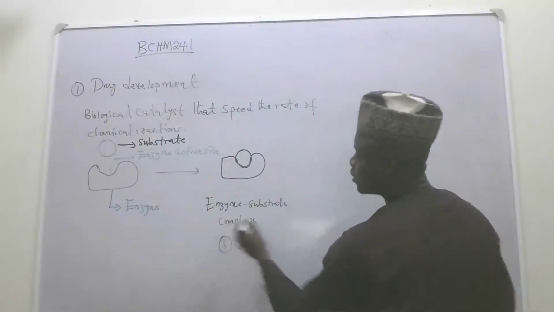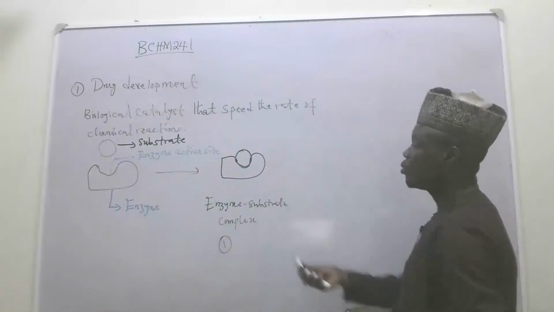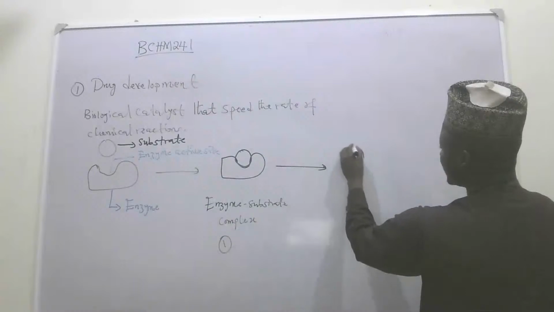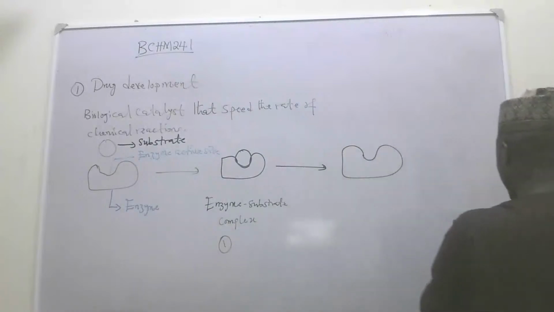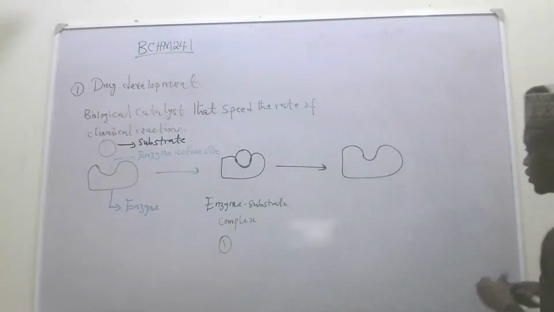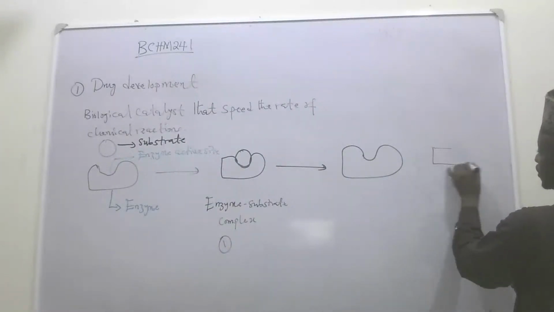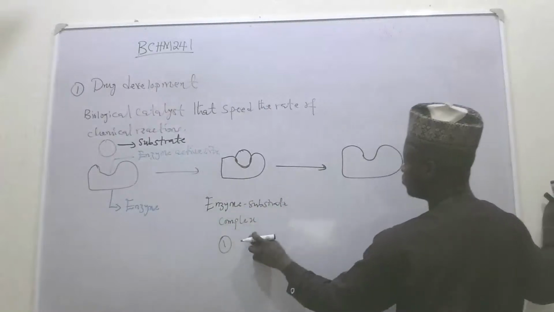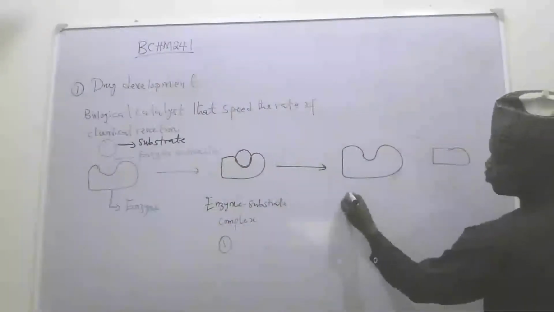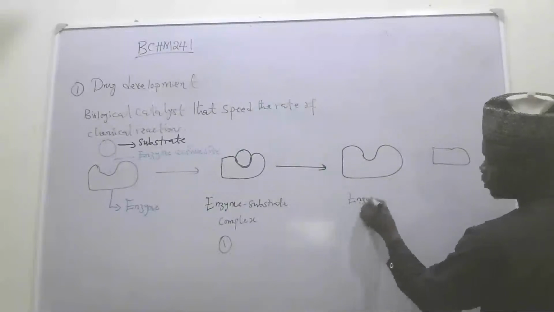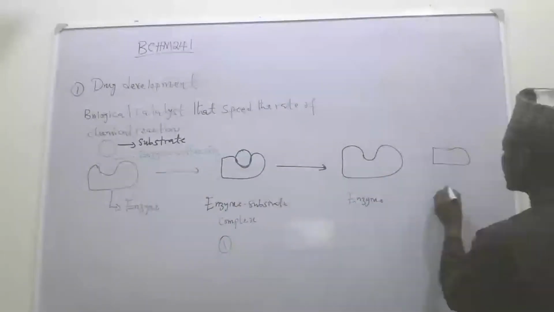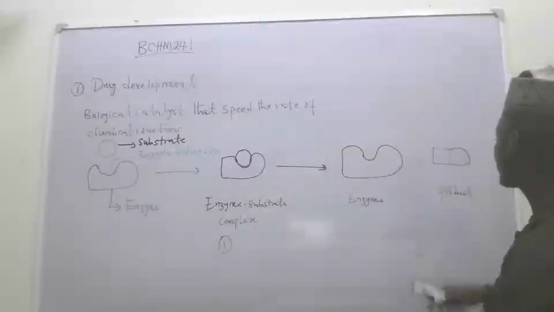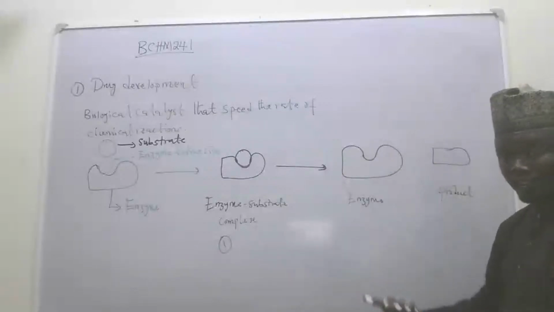Step one, the enzyme plus substrate combine. After the reaction, you have your free enzyme and then your products. A product is what is produced at the end after the reaction.